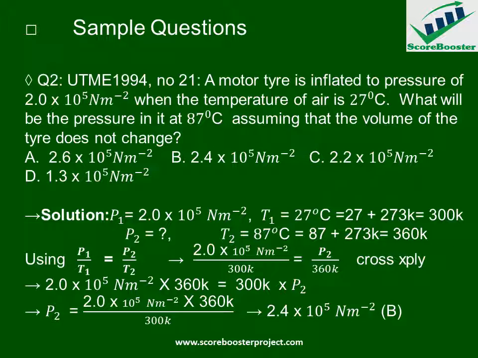Then we can make P2 the subject of the formula by dividing through by 300 Kelvin, to get P2 equals 2.0 times 10 raised to the power 5 Newton per meter square times 360 Kelvin divided by 300 Kelvin. And that will give us P2 equals 2.4 times 10 raised to the power 5 Newton per meter square, making option B the correct answer for this particular question.